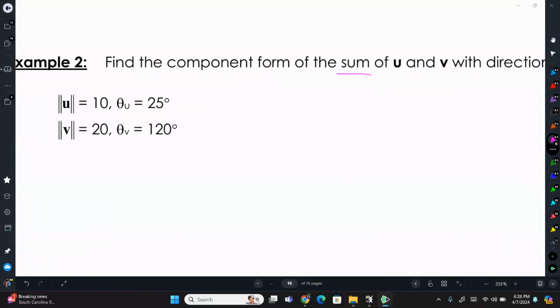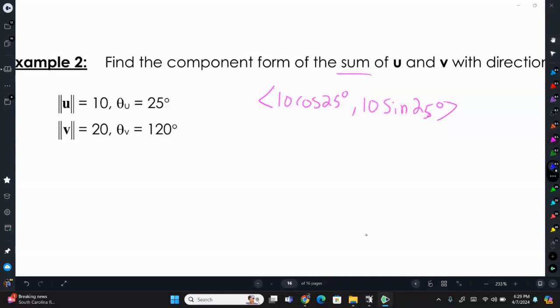First, let's change u into rectangular, or component, form by doing 10 times the cosine of 25 degrees, comma, 10 times the sine of 25 degrees.